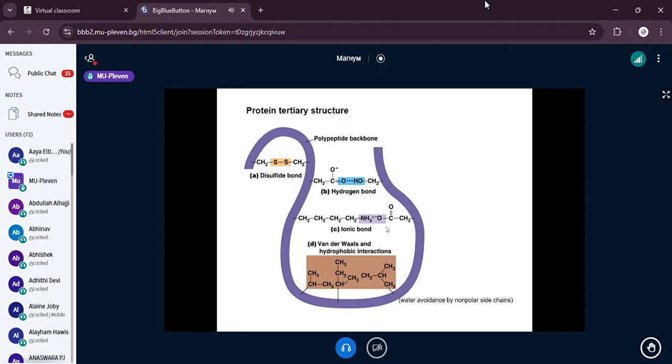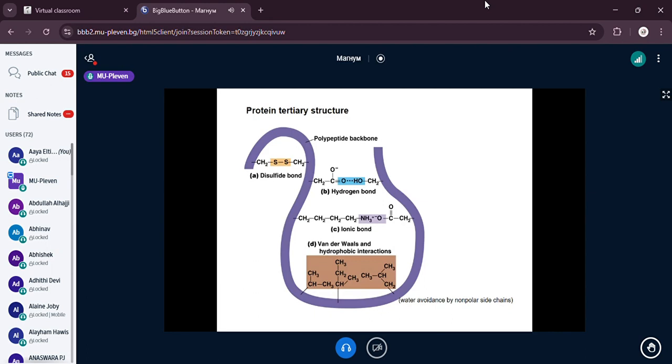So, between charged side chains of amino acids ionic bonding can be found. This is the side chain of lysine, and this is the side chain of aspartic acid, positively, negatively charged.